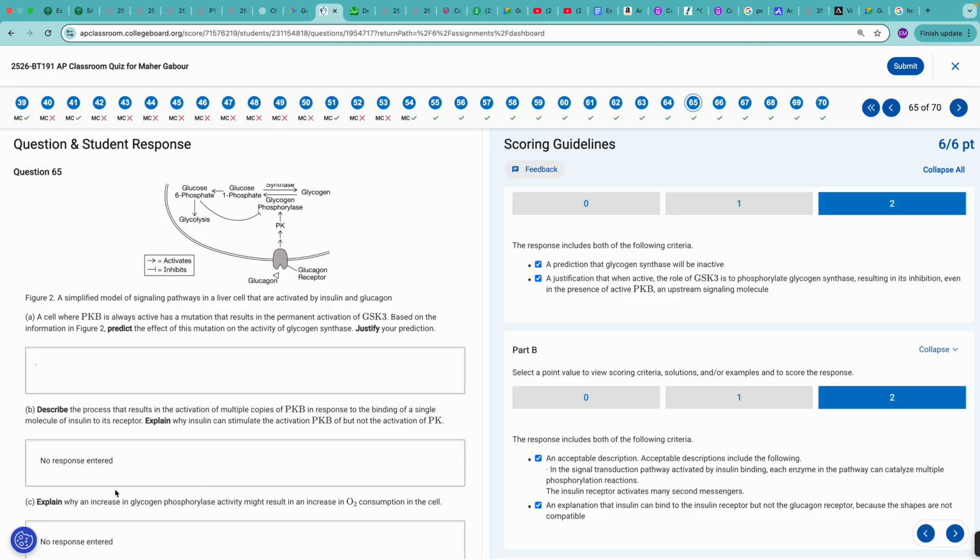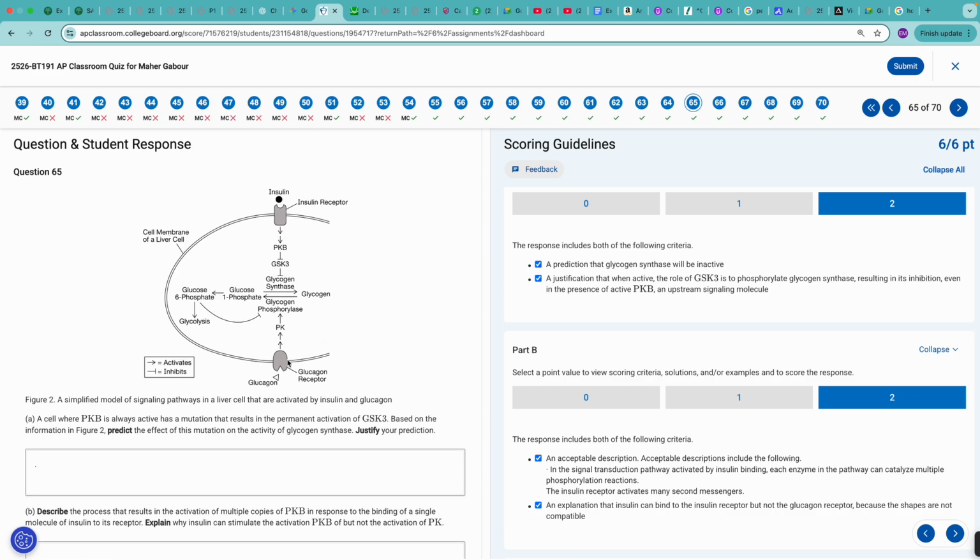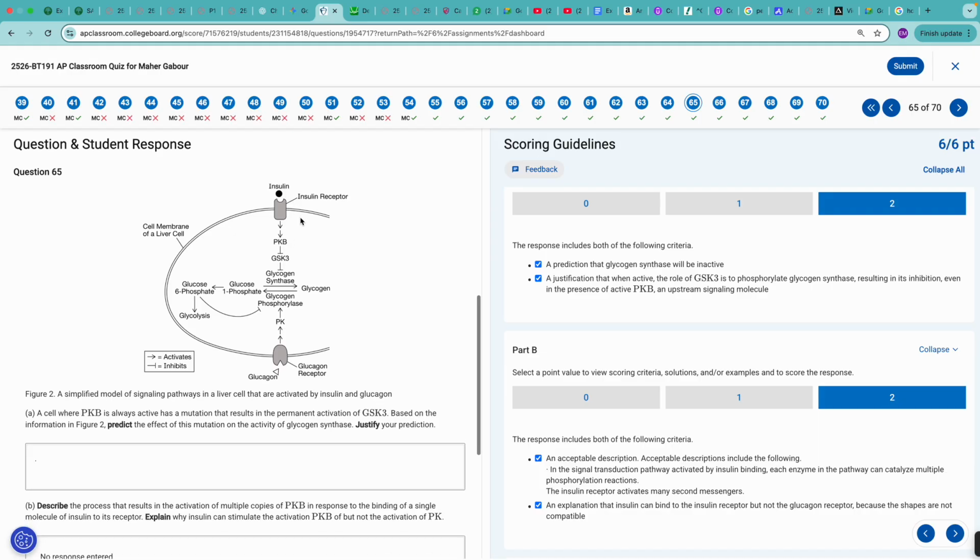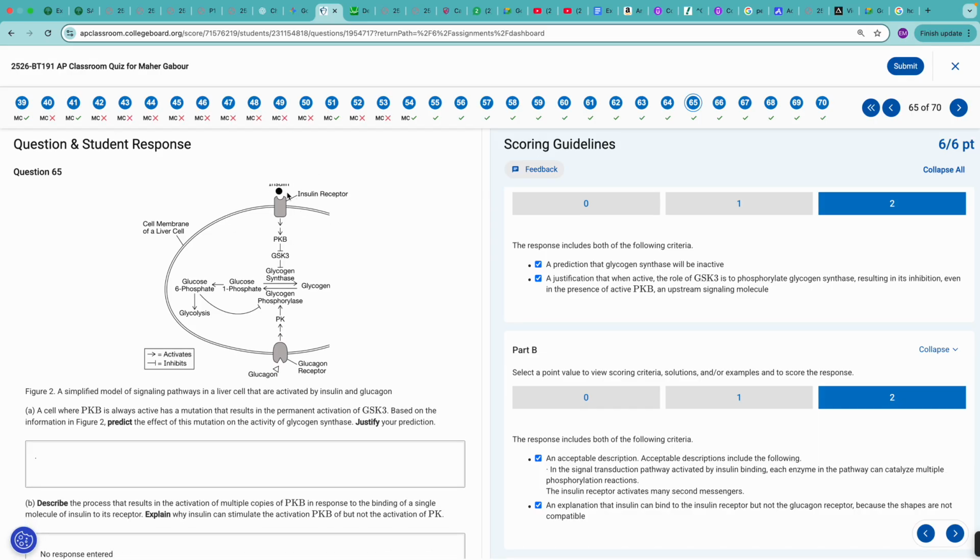So we're saying they want, listen very carefully, multiple copies of PKB. That means they're hinting at the signal transduction pathway. And where is PKB? It's in the insulin receptor. So the PKB is activated by the signal transduction pathway of the insulin receptor.